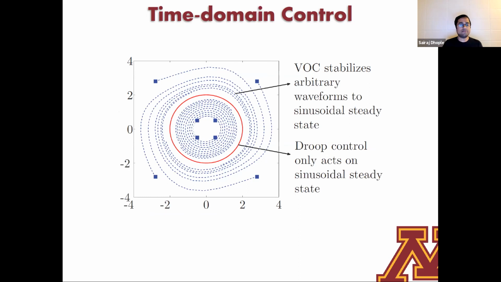You don't know what it even means to be outside of the sinusoidal steady state if you let your droop equations go. But with this virtual oscillator control, this time domain method, you can start at any point in the state space and you'll always regulate it back to the sinusoidal steady state. So close to sinusoidal steady state operation, it resembles droop, but outside of it, the dynamics are still well defined, and you can show that you'll get to this desired state at least asymptotically.